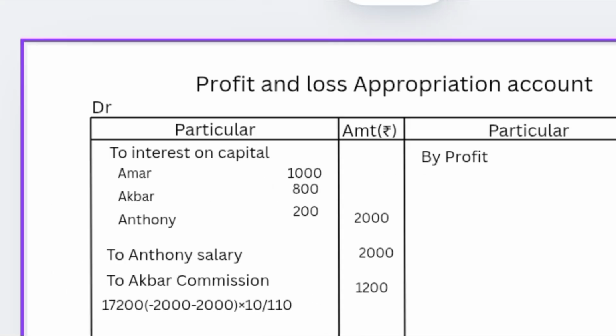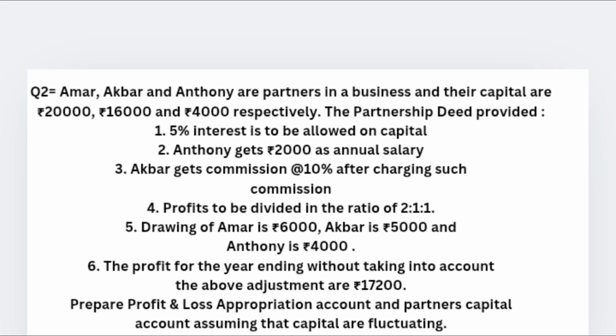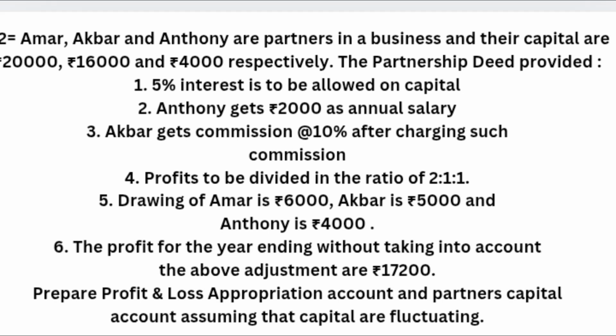So let's see from the question if any item is left. Interest on capital is finished, Anthony's salary is finished, Akbar's commission is finished, and the profit to be divided is left.